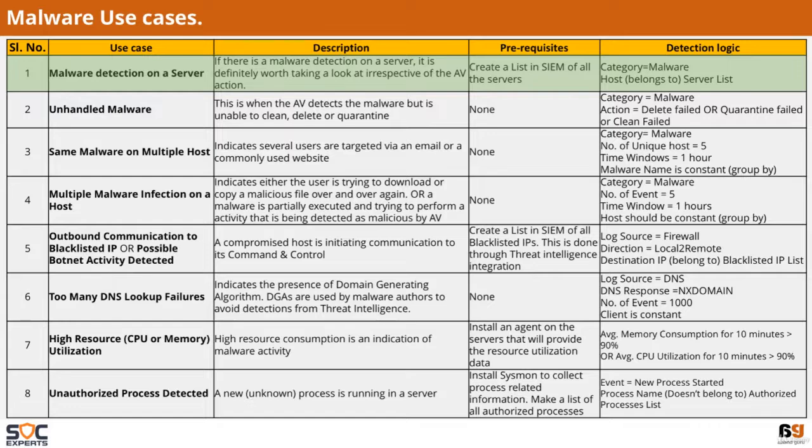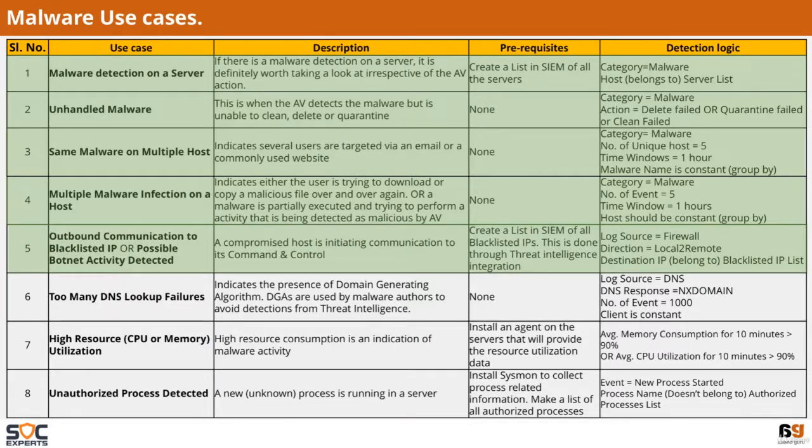Similarly, we have unhandled malware, same malware on multiple hosts, multiple malware infection on a host, outbound communication to a blacklisted IP address, or the same rule can be called possible botnet activity detected, too many DNS lookup failures, high resource utilization, unauthorized process detected.